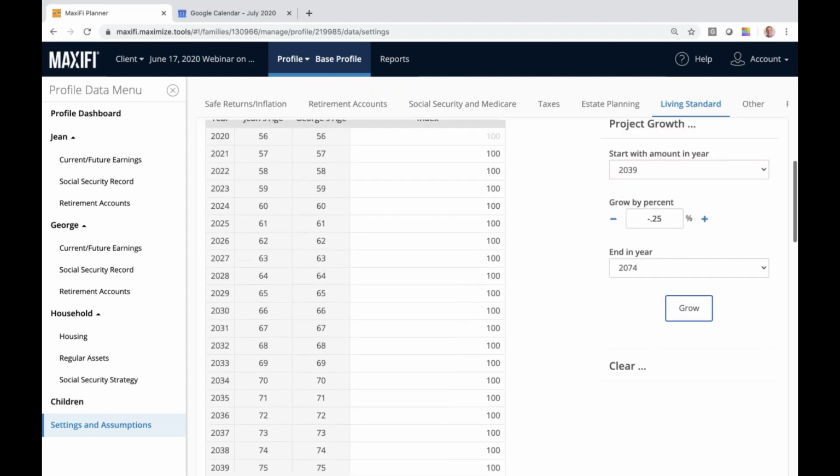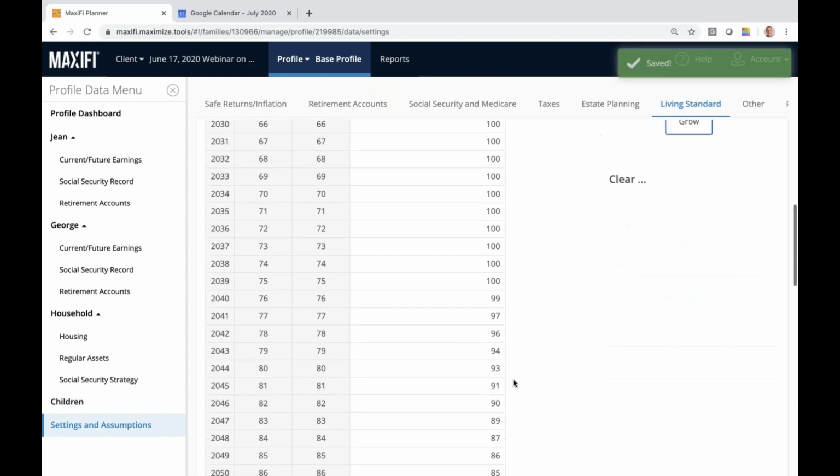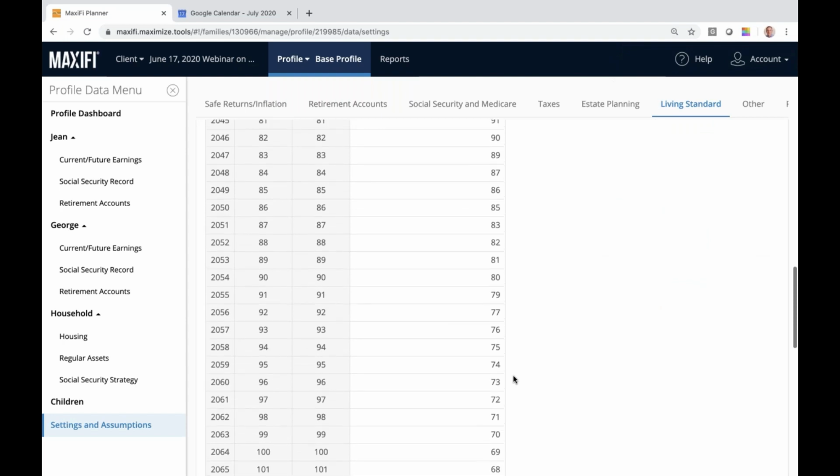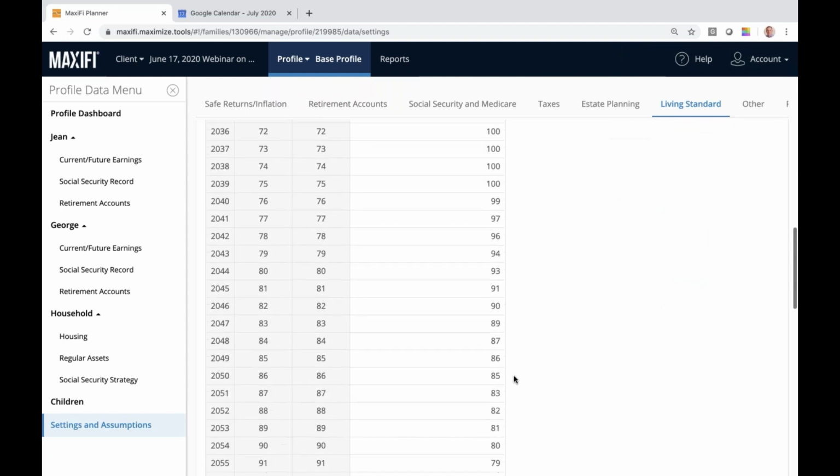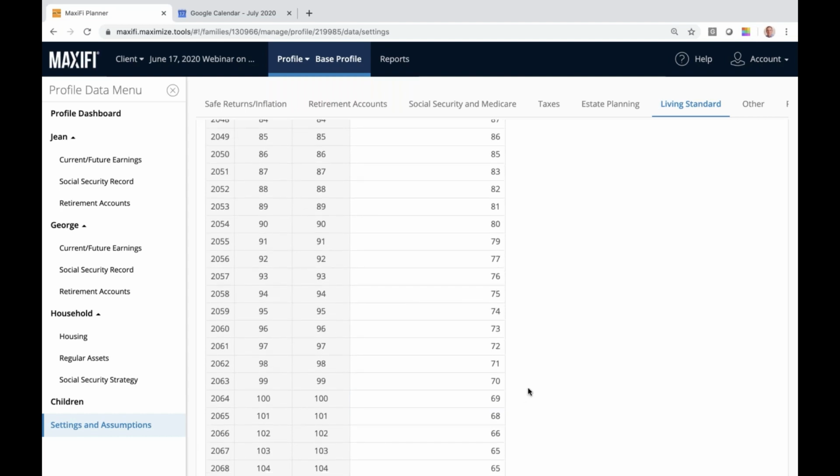If you wanted a bigger reduction, like a minus 1.5% reduction, then you see the living standard is going to start falling more rapidly from 100 to, when you're 100 years old, 69. So that's like a 31% decline in your living standard over this period. So you can pattern your living standard any way you want.